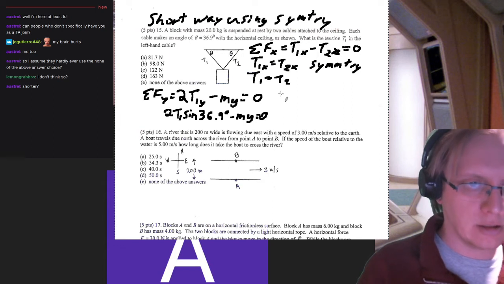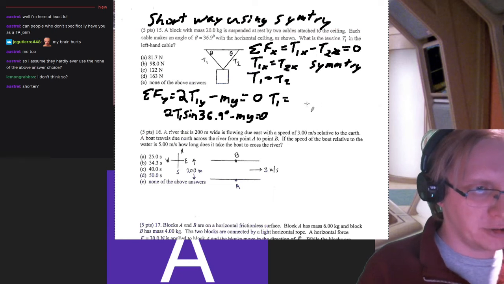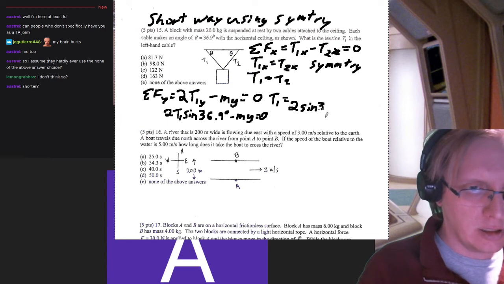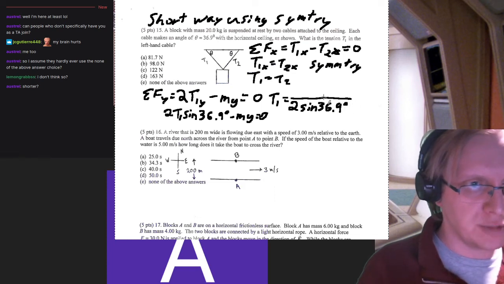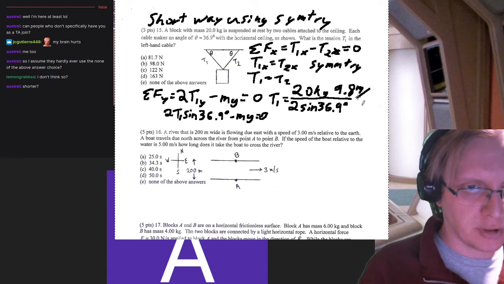All right, so T1 is equal to mg over 2 sine 36.9 degrees. M is 20 kilos, g is 9.8 meters per second squared.